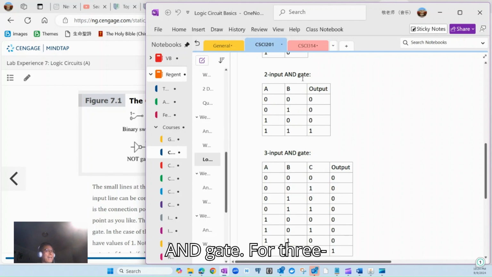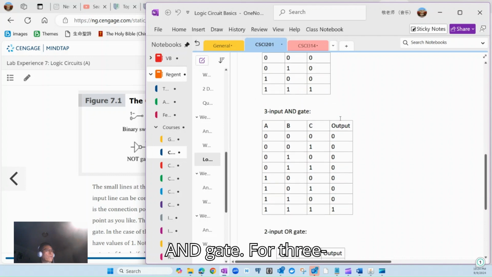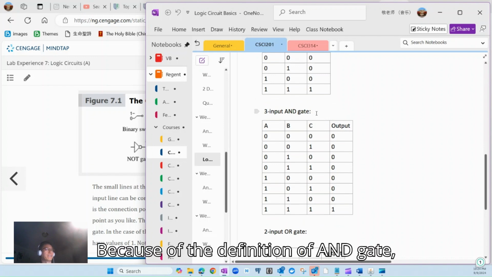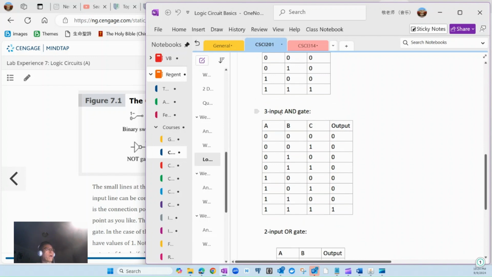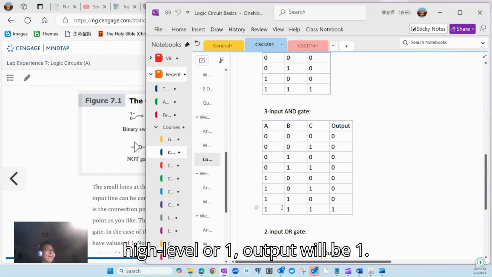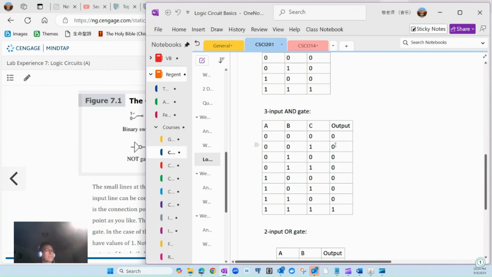That is the AND gate. For the 3-input AND gate, because of the definition of an AND gate, only when all inputs are high level or 1, the output will be 1. All other combinations will be 0.